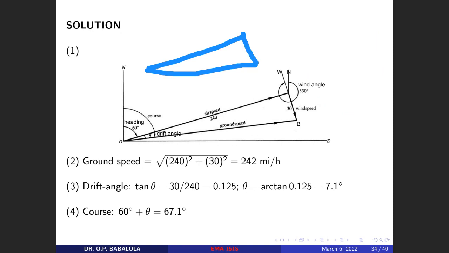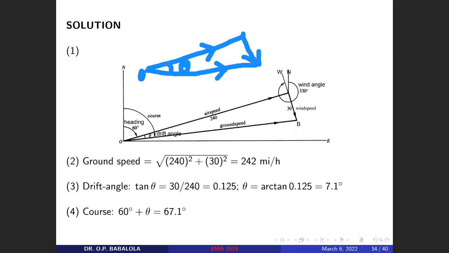Remember, with directions, this is the speed direction. With directions, this is the jet direction, and this will be the resultant. This is O, the origin. Okay? And here, this angle is theta, which is the drift angle.